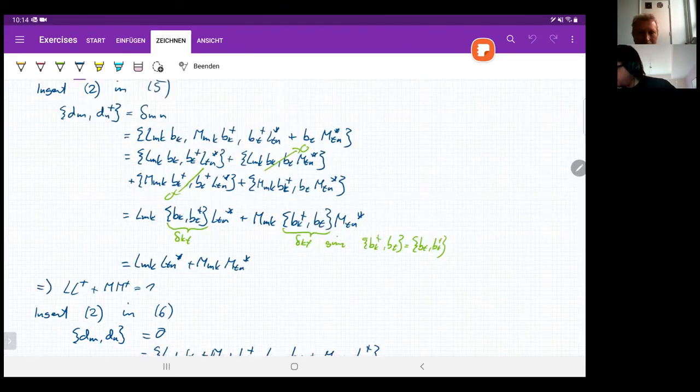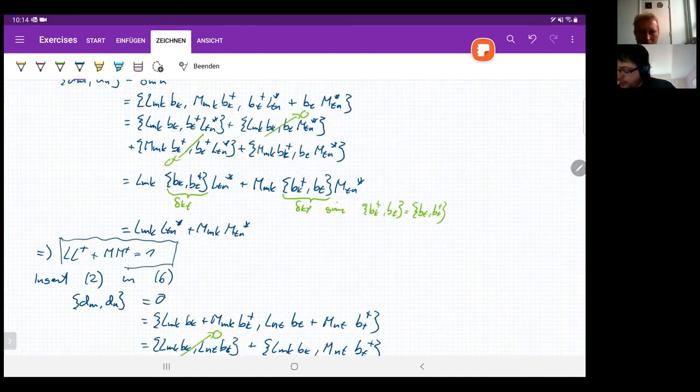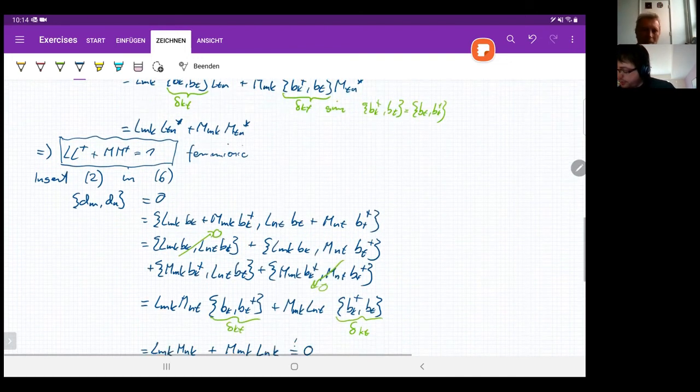What you get instead is the plus sign. Therefore, you get the equation for fermionic. And you get this relation also for the fermionic case.